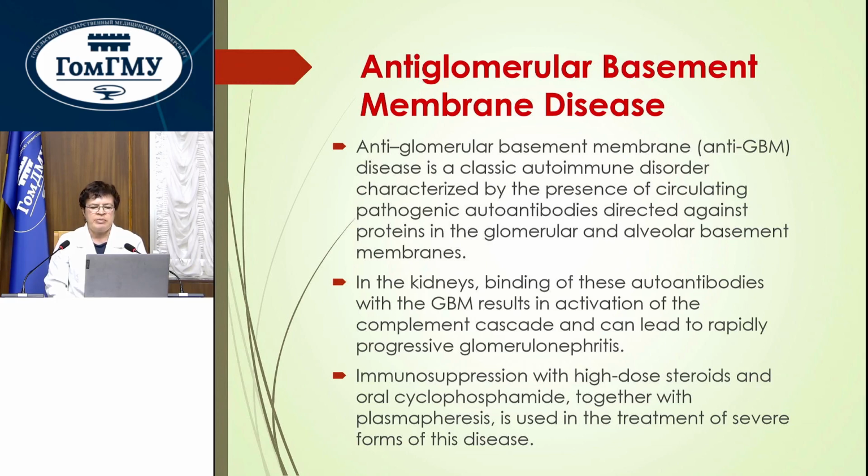In the kidney, binding of these autoantibodies to the glomerular basement membrane results in activation of the complement cascade and can lead to rapidly progressive glomerulonephritis. Immunosuppression with high-dose steroids and oral cyclophosphamide together with plasmapheresis is used in the treatment of severe forms of this basement membrane disease after differentiation from chronic kidney disease.